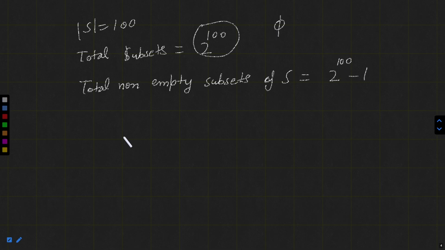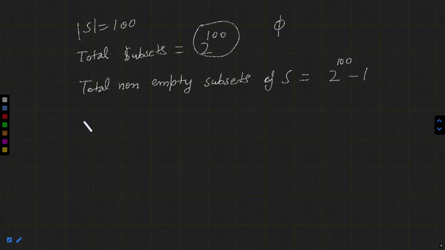So the number is 2 power 100 minus 1. Simple. Now if we have to find the subsets such that the product of elements of A must be even, then we will think from a different angle. How will we think? Try to make subsets whose elements are only odd numbers.